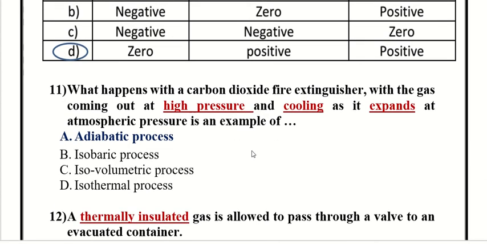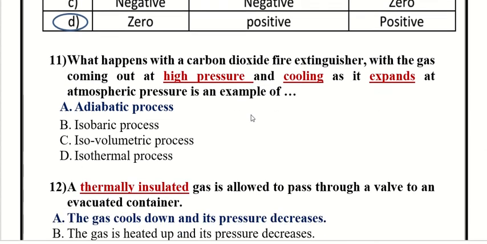Question number 11. What happens with a carbon dioxide fire extinguisher, which is a gas coming out at a high pressure and cooling as it expands at atmospheric pressure? This is an example where, of course, there is a change in the volume as it expands, a change in the temperature as it cools, and a change in the pressure.